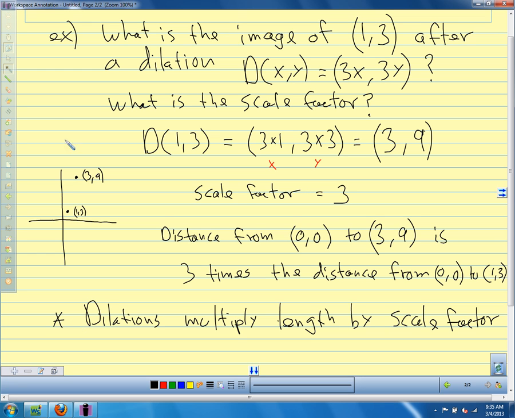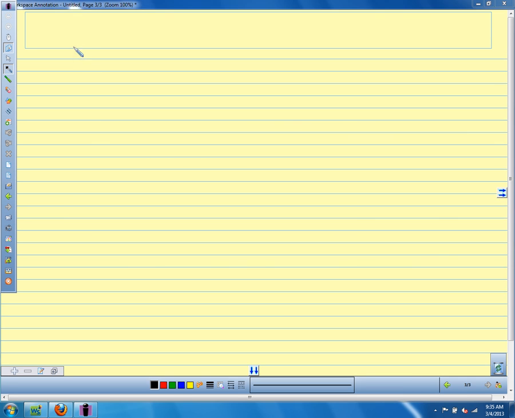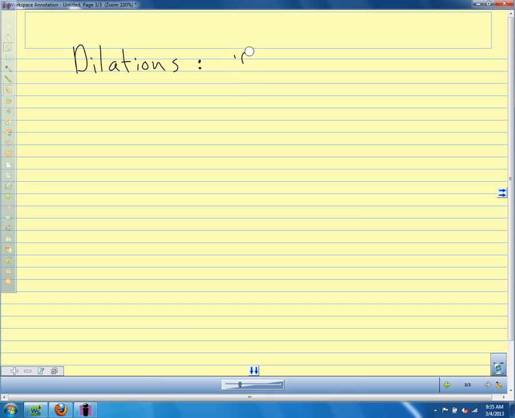If our dilation makes something bigger, I'm just going to write bigger equals, we call it an expansion.